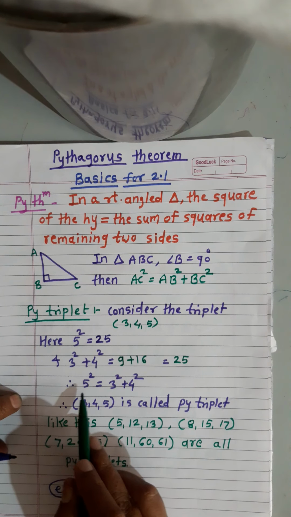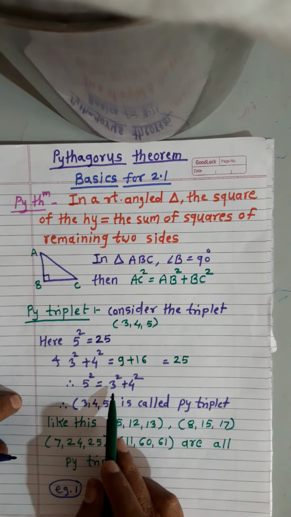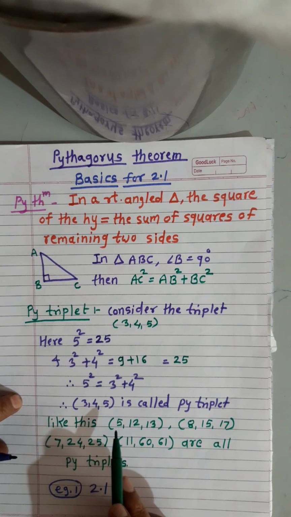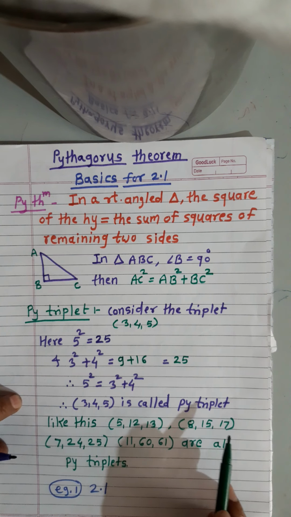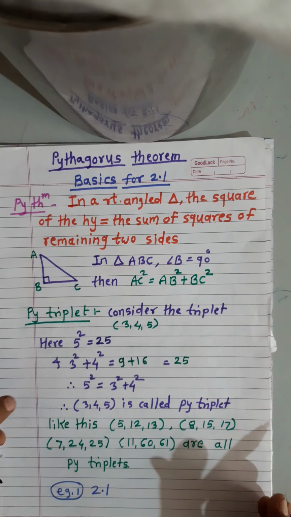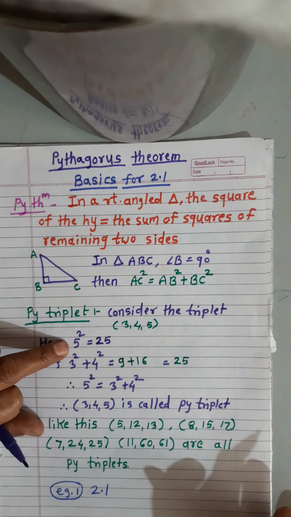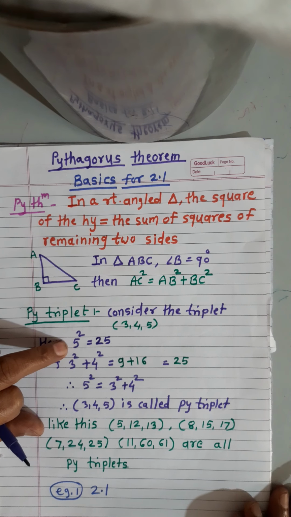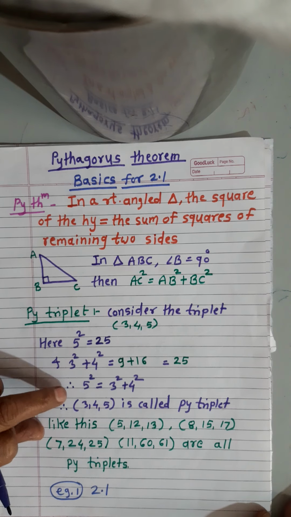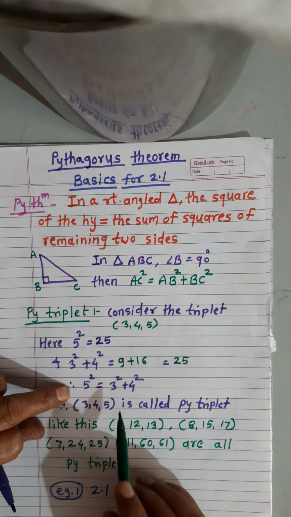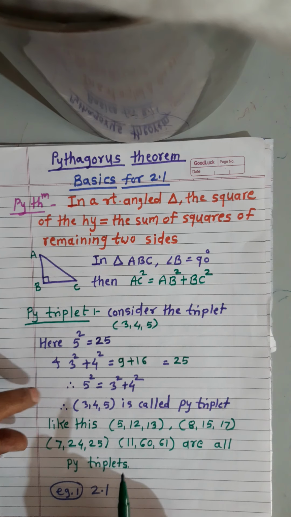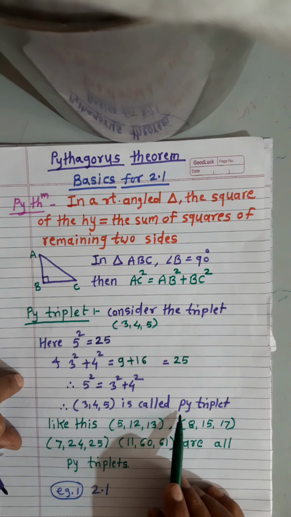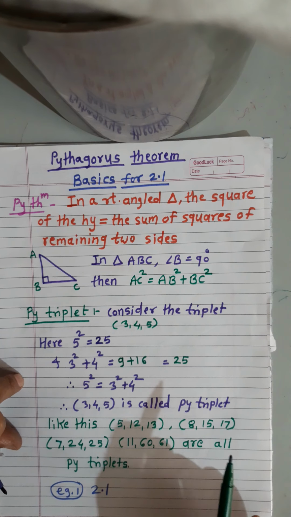Therefore what can we write? 5 square equals 3 square plus 4 square. And therefore 3, 4, 5 is called a Pythagoras triplet. That means if the square of the biggest number equals the sum of the squares of the remaining two numbers, then that triplet is called a Pythagoras triplet.